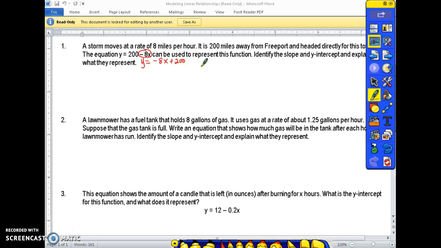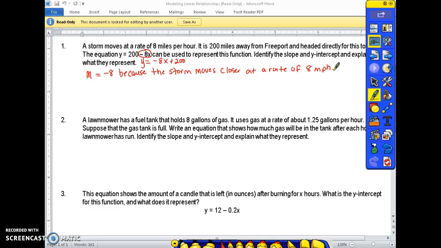M is our slope, the coefficient of x is our slope, so the slope is negative 8, which represents how fast the storm is moving. The storm moves closer at a rate of 8 miles per hour.